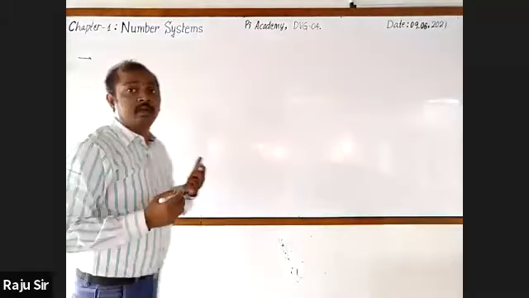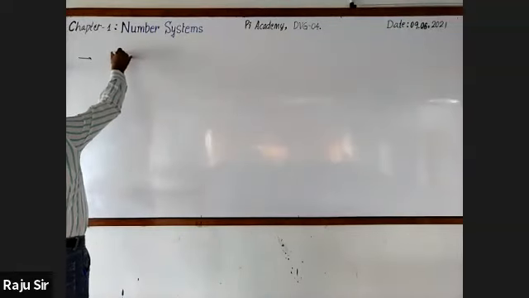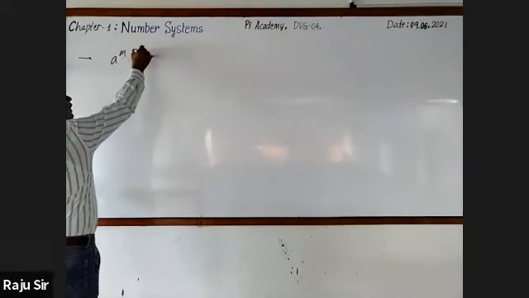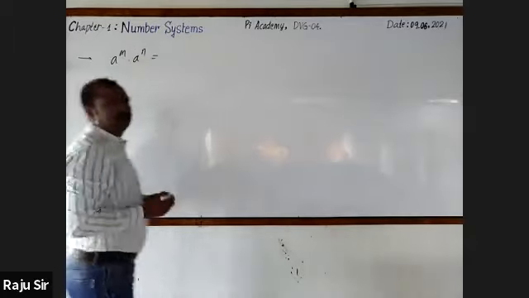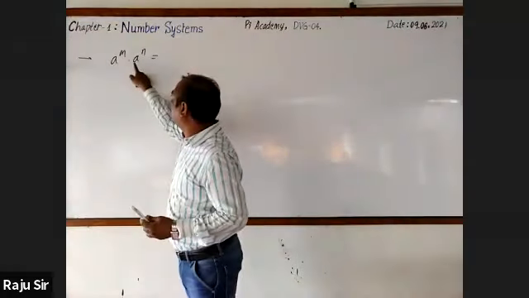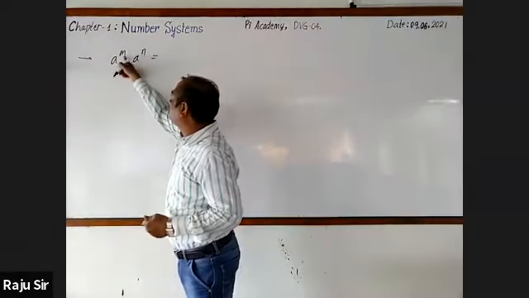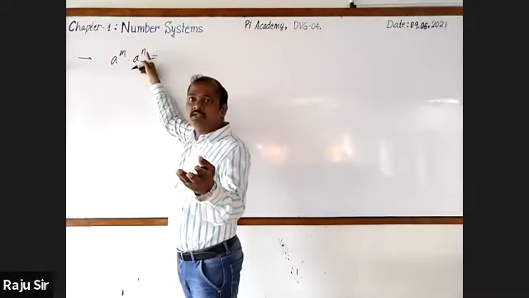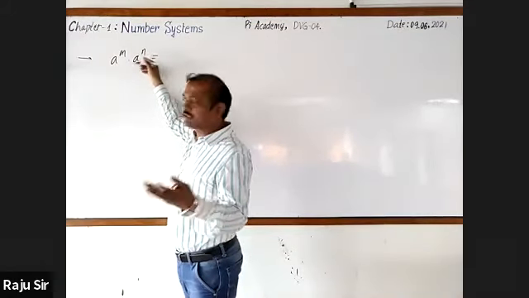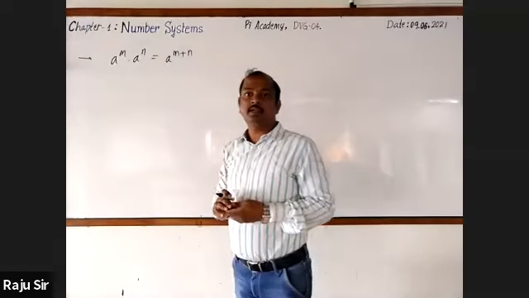In the first law, you all know that the base will be the same, but the powers will be different. In this, a raised to the power m into a raised to the power n, the base is a, the powers are different. Under such a condition, we add the powers. It can be written as a raised to the power m plus n.